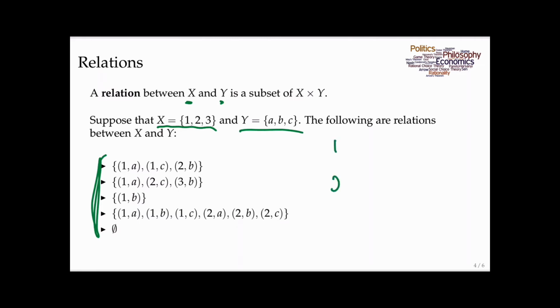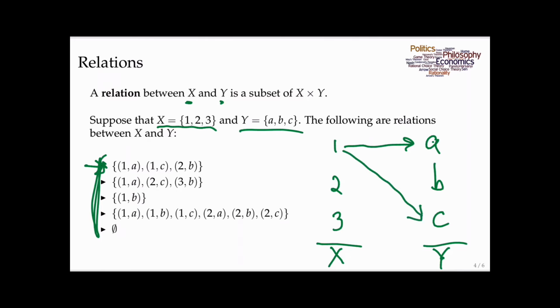So if we have 1, 2, 3 here, this is the set X, and then we have A, B, C, this is going to be my set Y. So this first relation is going to be the tuples that match 1 up with A, 1 up with C, and 2 up with B. So this relation is a set of tuples. It's not all the tuples of X cross Y, but namely just these 3 tuples.